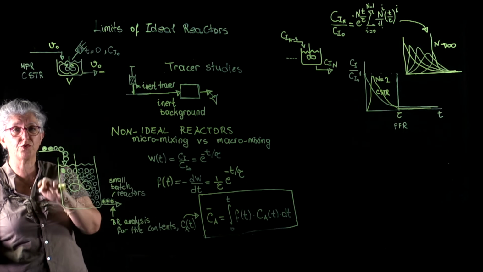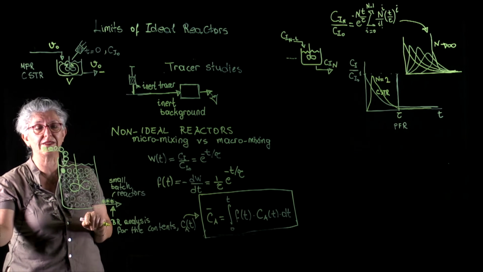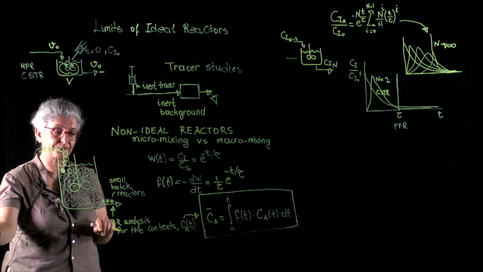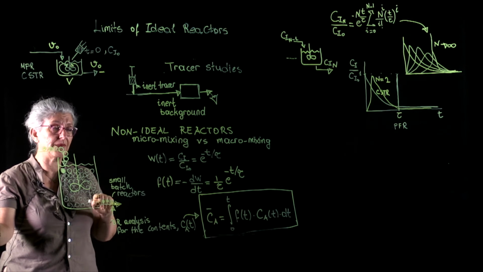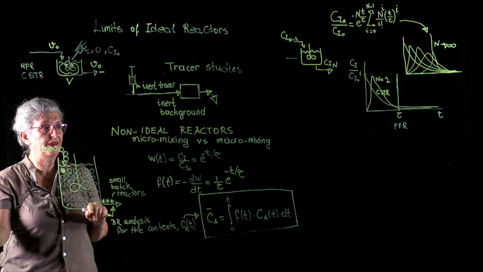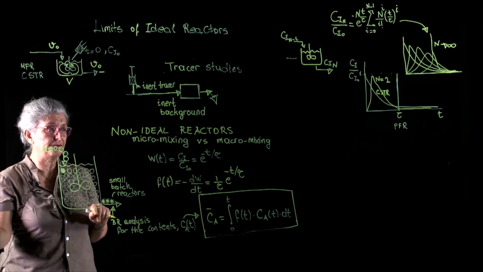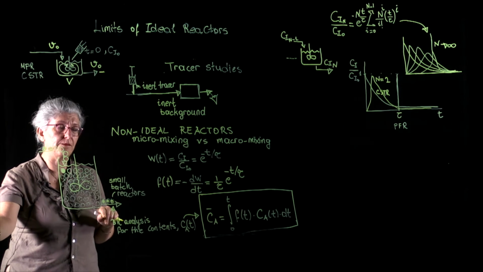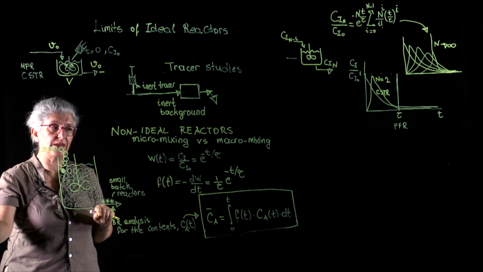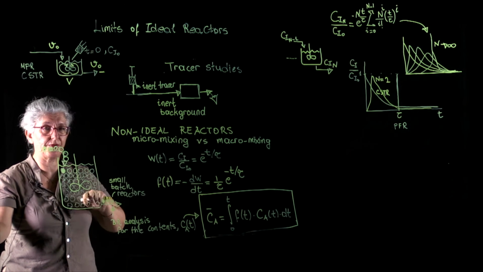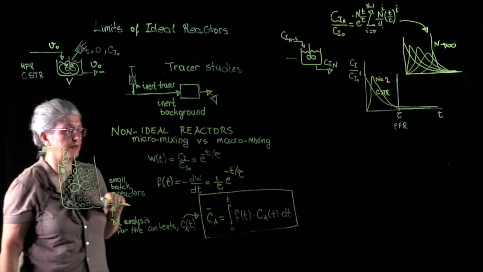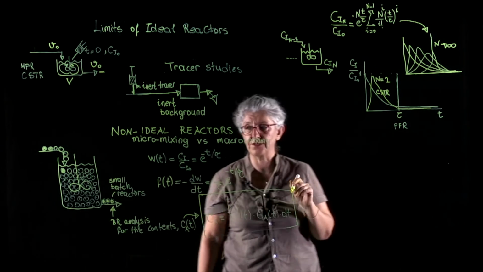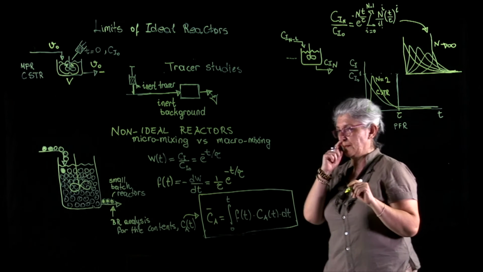Non-idealities are in terms of the ping pong balls that enter into this reactor. There might be situations where we have imperfections in micromixing, imperfections in macromixing. How else can we treat these problems?